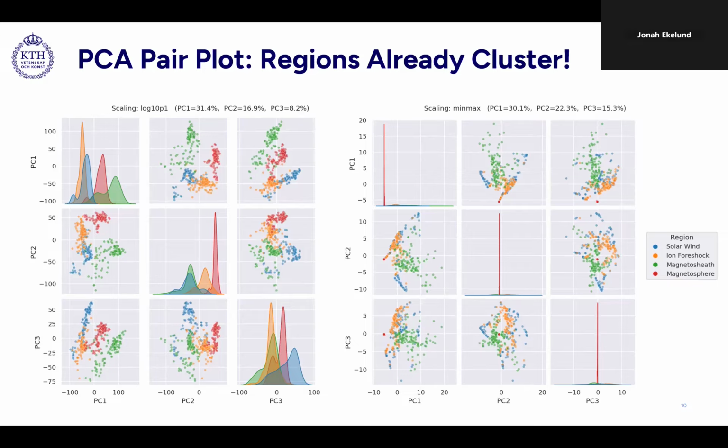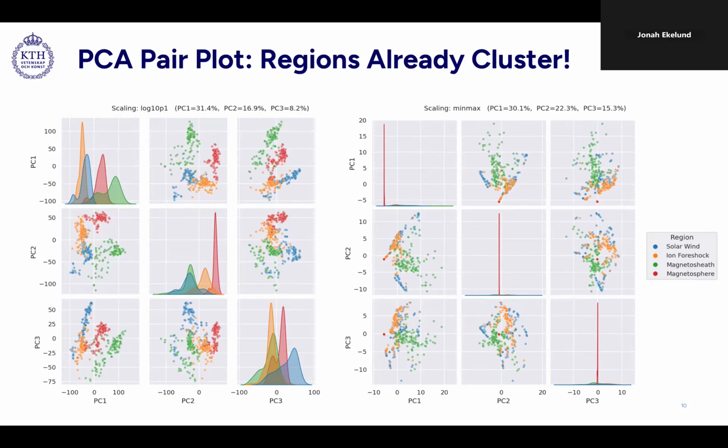And you can see some cluster corresponding to the magnetosheath, but for these first 3 components, the solar wind and ion foreshock are spread around it a lot, and you can often see a sort of symmetry around the 0 value for at least the second and third component for the solar wind and ion foreshock.